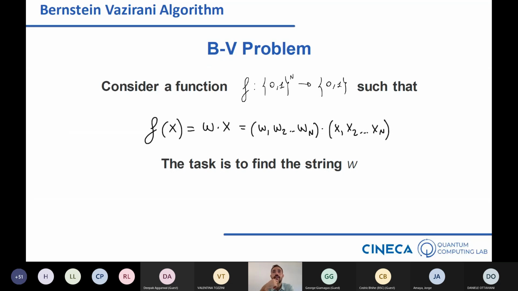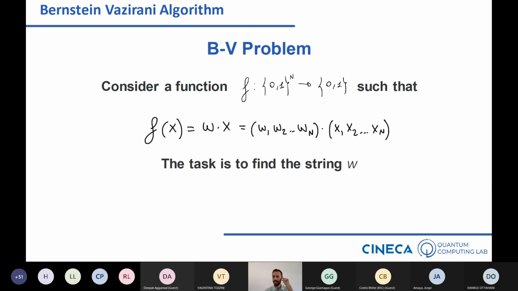Like before, you can evaluate f on some inputs x1, x2, and so on, and at the end, after some evaluations, you get the result that is omega. So how many evaluations?